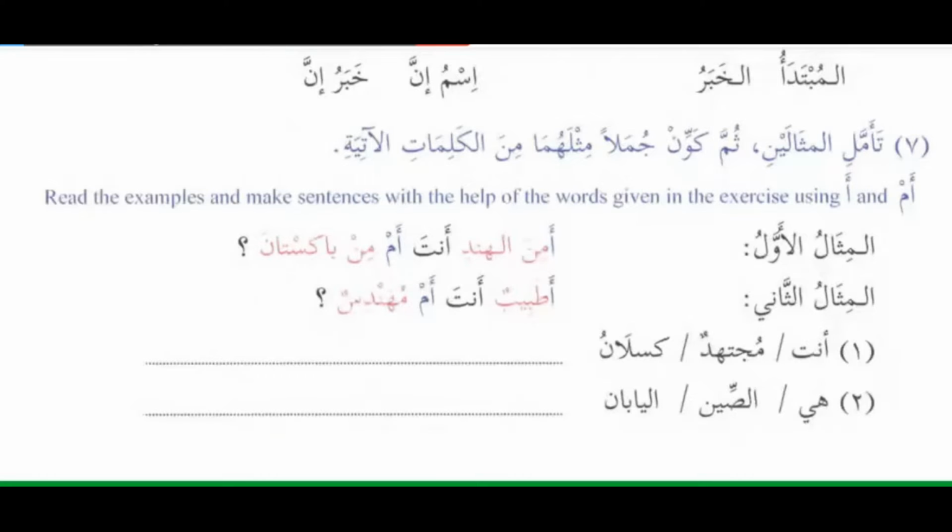Then we have here seen and yaban. What will we say?